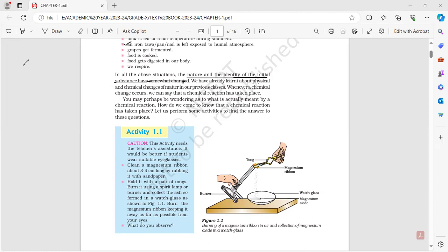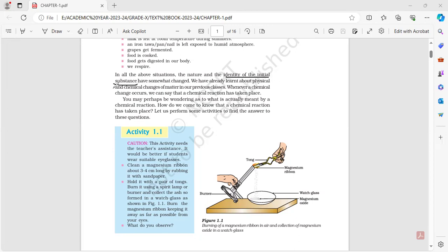That was the initial stage of the substance. But what is happening now? After a few days or a few months, the identity of the initial substance, meaning how it looked at the beginning, has changed.